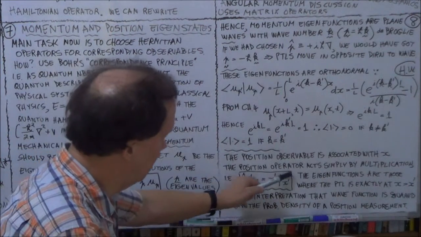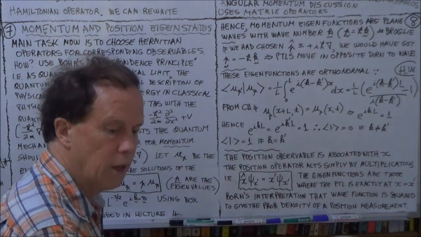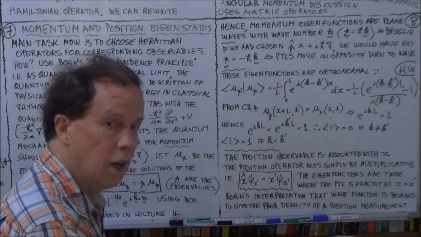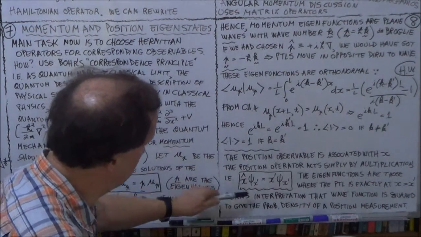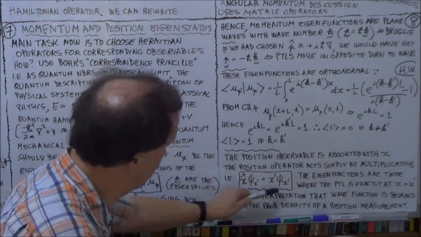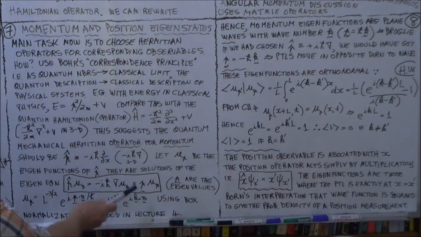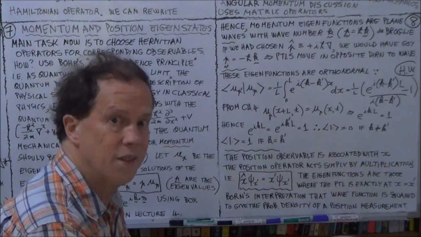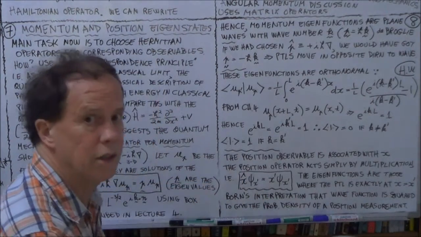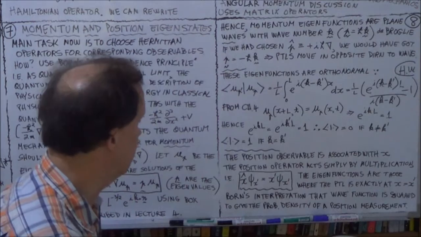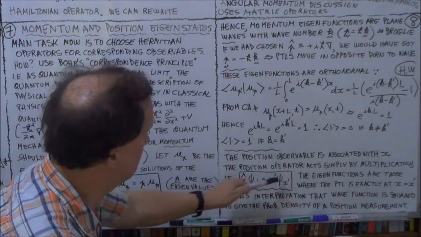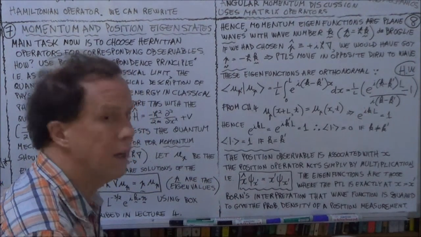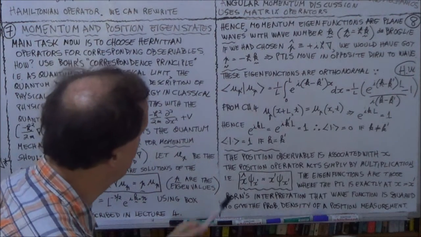So your position observable eigenequation would presumably be something of this form. That's why, for the two eigenequations here, I've put a rectangle around them to emphasize their importance. So presumably this is what the position eigenequation would look like, right?